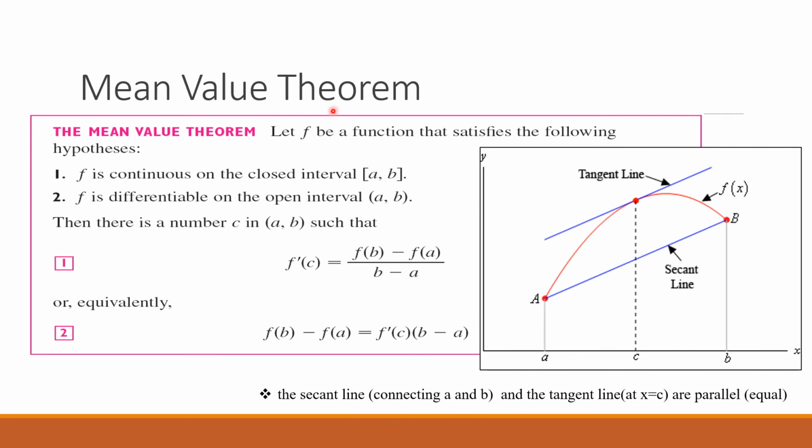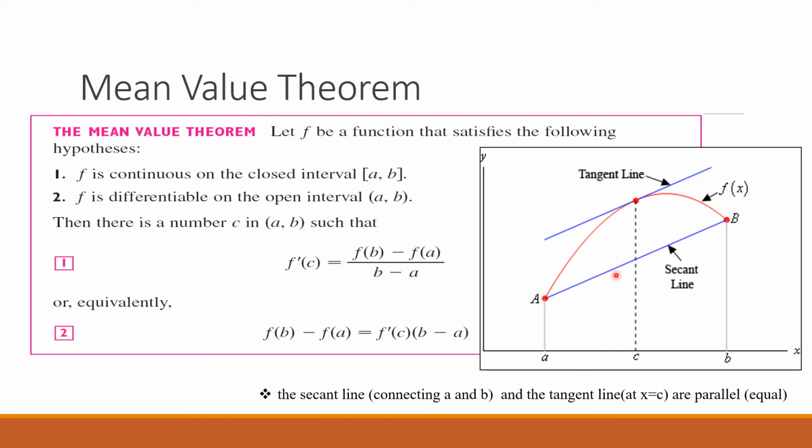The mean value theorem is another theorem that is very important. The mean value theorem tells you that if your function is continuous on a closed interval a to b, just like the red one drawn in here, and it is differentiable on the open interval of the same 2 points, then there will be a number c in the interval where the slope of the tangent at point c is going to be equal to the slope of the secant line joining the 2 points a and b. Let's look at the graph.